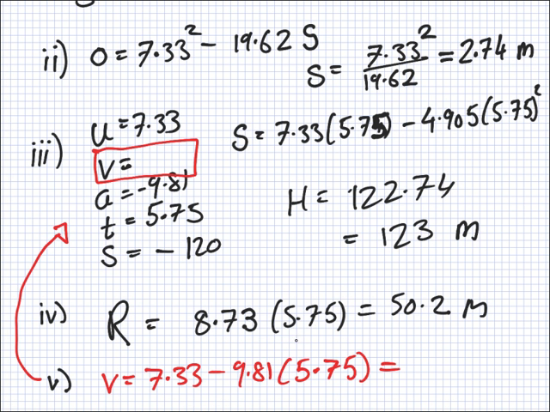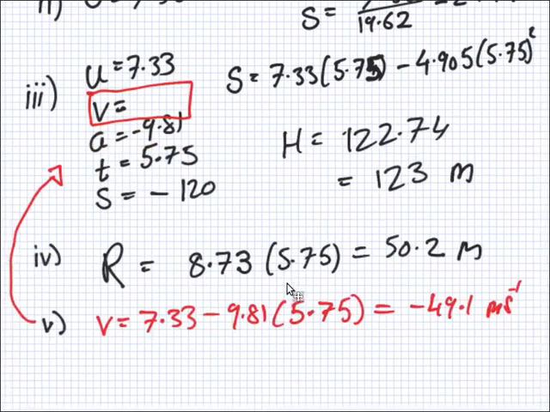What's this, please? Minus 49. Yeah. No decimal? 0.0775. So 0.1 then, okay.